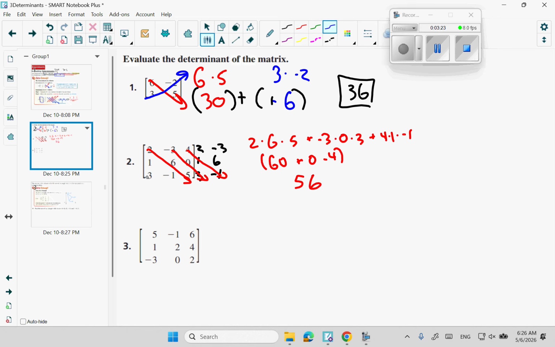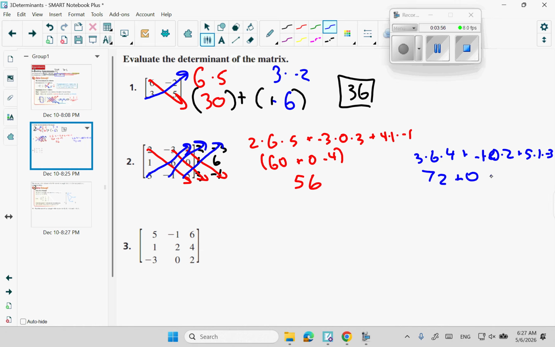Okay, doing the same thing here. We get 3 times 6 times 4. -1 times 0 times 2. And 5 times 1 times -3. 3 times 6 times 4 is 72.